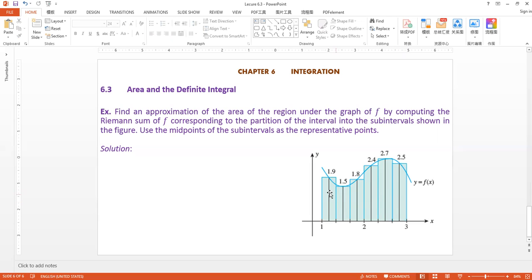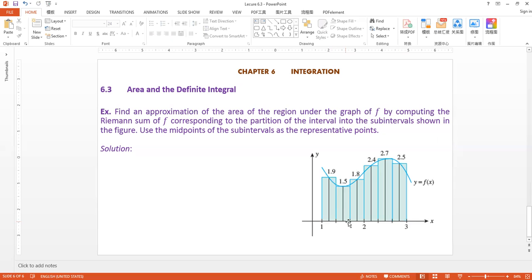The height of each rectangle is marked in the graph: 1.9 for the first rectangle, 1.5 for the next, and so on. So we have all the heights, and then we need the width for each rectangle. How many subintervals?